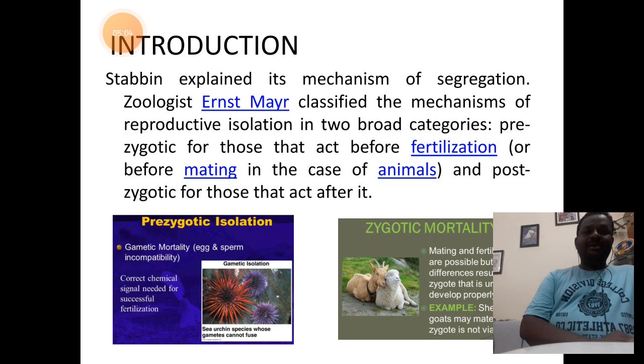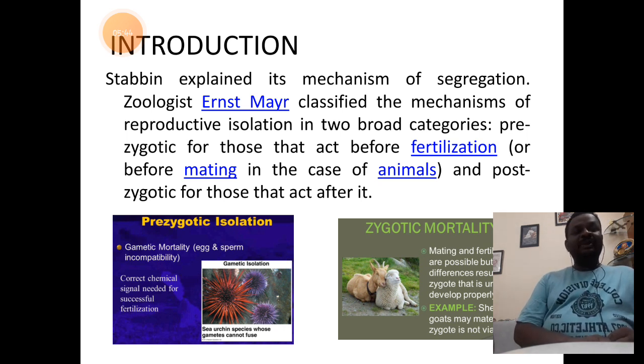Stebbins, a scientist, explained the mechanism of segregation or isolation. And it was a zoologist by name Ernst Mayr who classified reproductive isolation into a number of types. But the broad classification of reproductive isolation is into two types, namely number one, pre-zygotic, and number two, post-zygotic reproductive isolation processes.